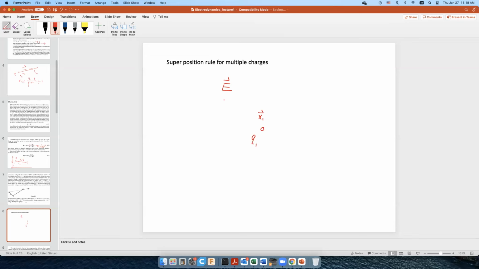Let's say it's in a coordinate system like that. I'm using the mouse to draw the picture, so it might not look so good, but it's a simple picture. I guess you can understand.